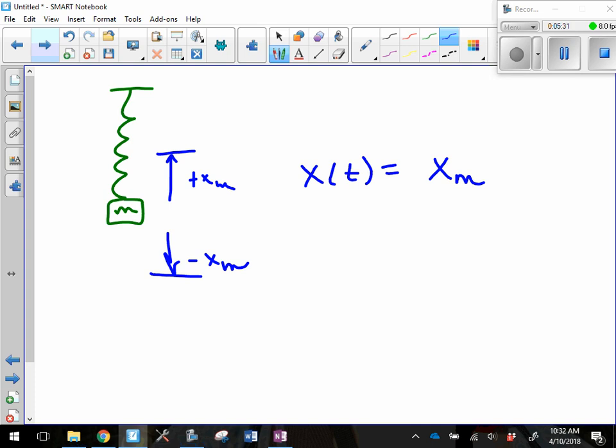But what kind of a function can I multiply by that so that I know that I'm always going to be between positive xm and negative xm? What effectively oscillates between plus or minus 1? A sine or a cosine function, okay? Because those are going to oscillate between 1 and minus 1.